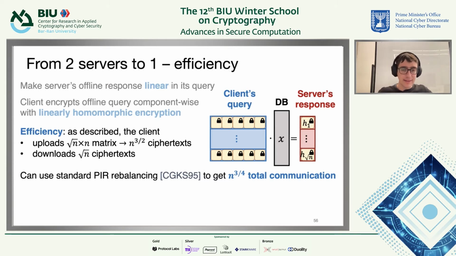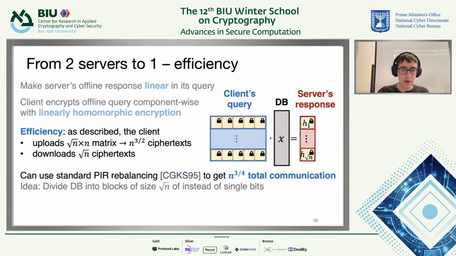The idea is that if you have a PIR scheme in which the communication, from client to server and from server to client, is unbalanced, like here, where you upload much more than you download, you can rebalance the scheme and pay a little bit higher cost on the download, but gain on the upload cost.